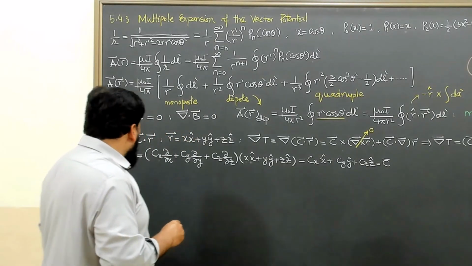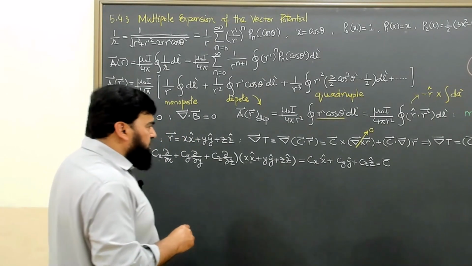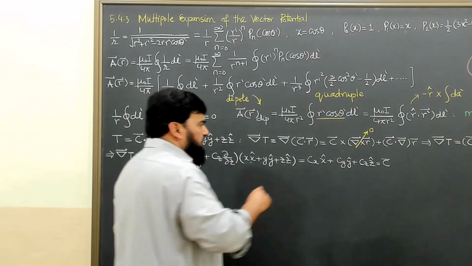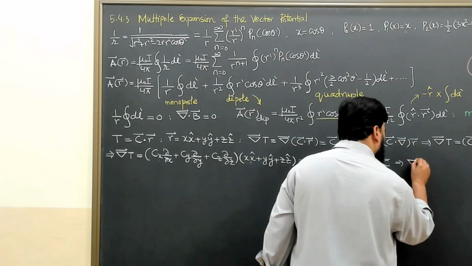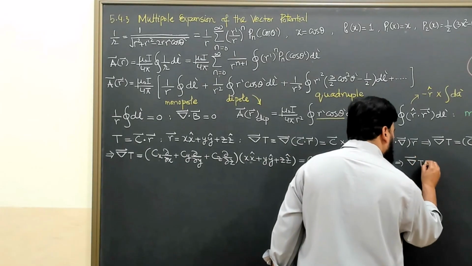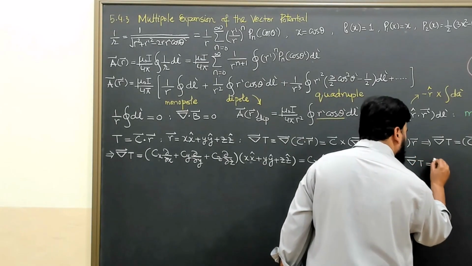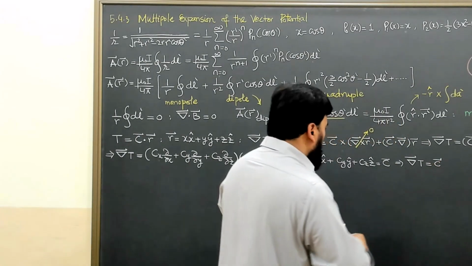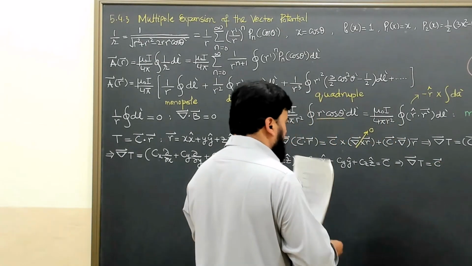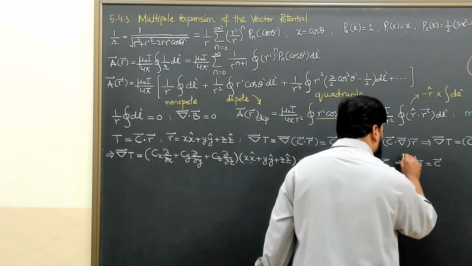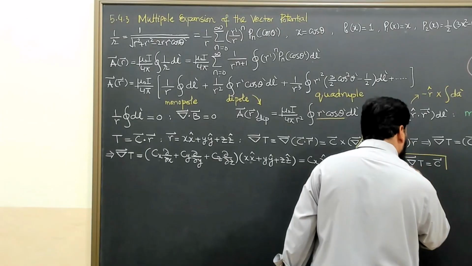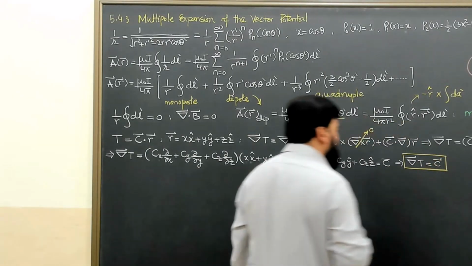So we got that the gradient of t, which is c dot del r, is equal to vector c. This is one of the results that we have obtained. I will just box this equation, which we will use later on.